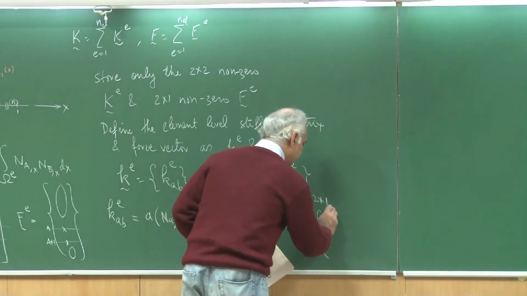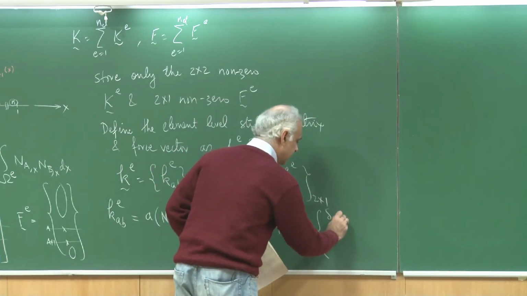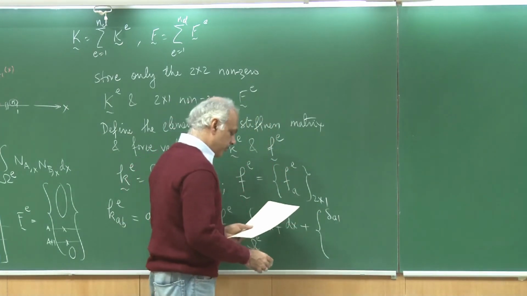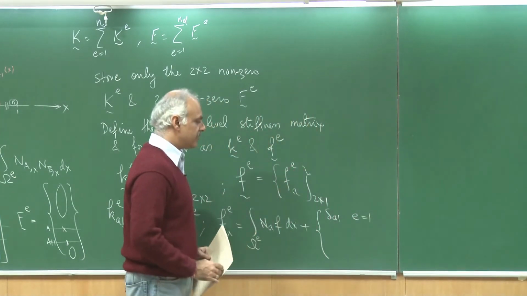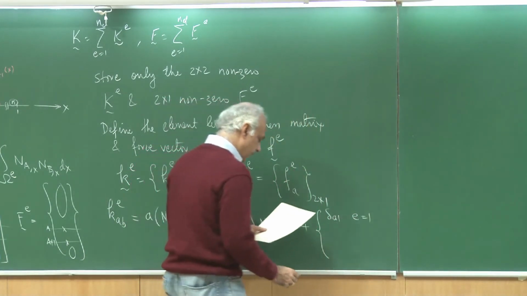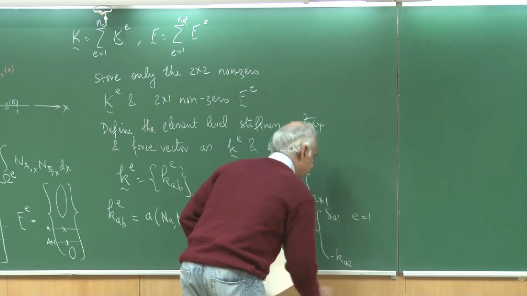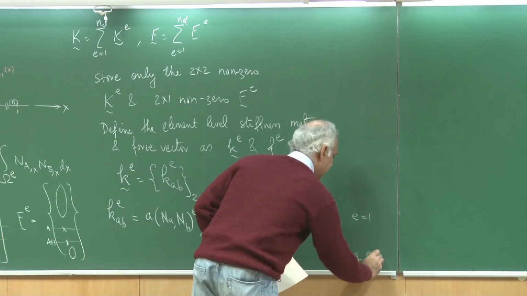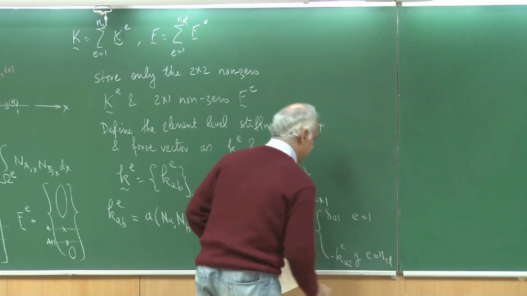So, we will say as far as the H type contribution is concerned, that is if we have the first local node of the first element, so that will contribute only if we have the first element, and for the last element we would have minus Ka2 times G if E is equal to NEL, the last element.